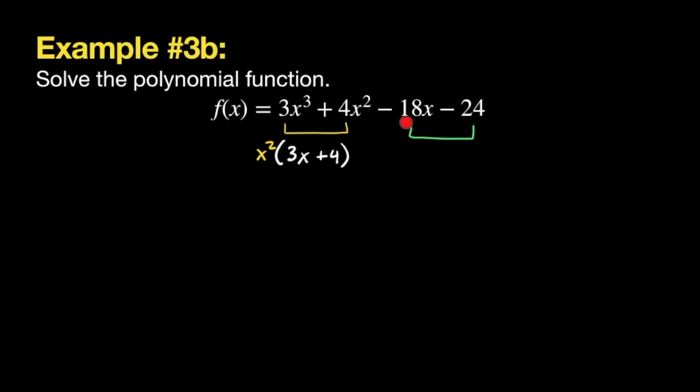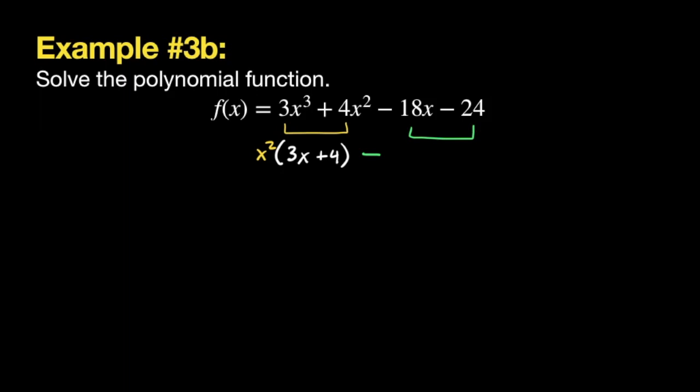Now, if we pay attention to the greatest common factor between these two, it's going to be different than the previous one. Keep in mind that we're trying to make this section right here look like this. We need a 3x plus 4. So the first thing that we're going to do is factor out a negative. They are both negative and we need them positive, so I'm going to take out the negative. The second thing that we need to do is find the greatest common factor between 18 and 24.